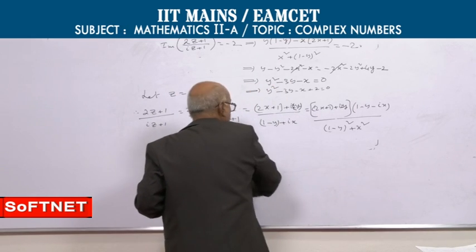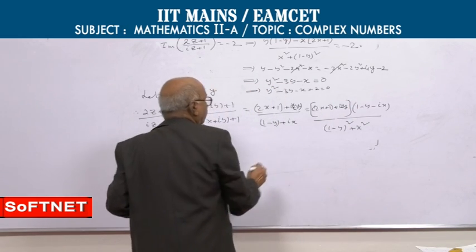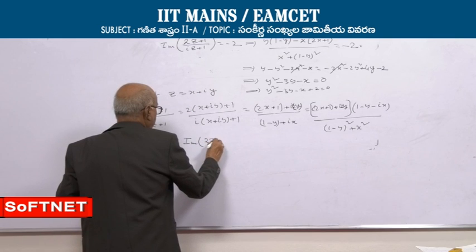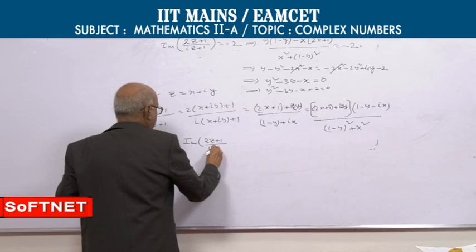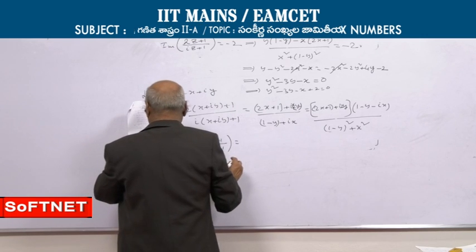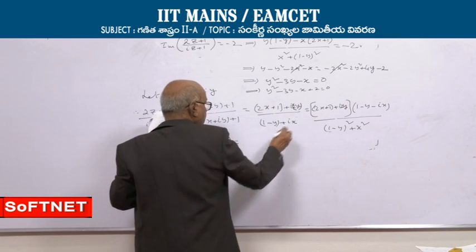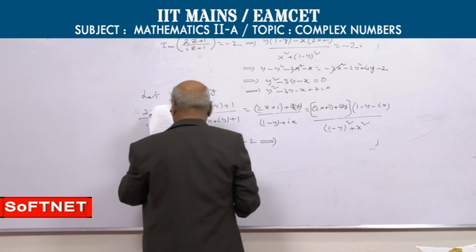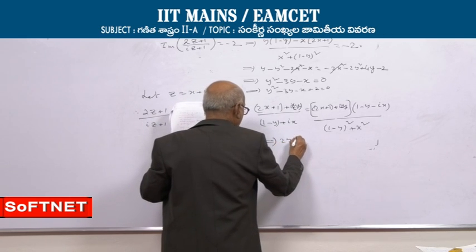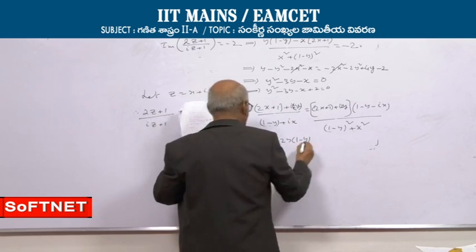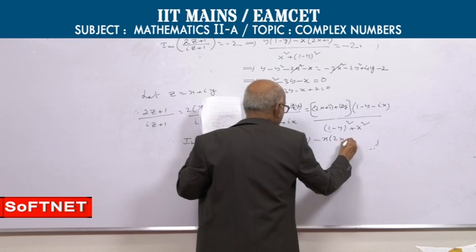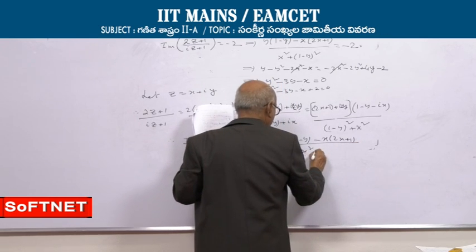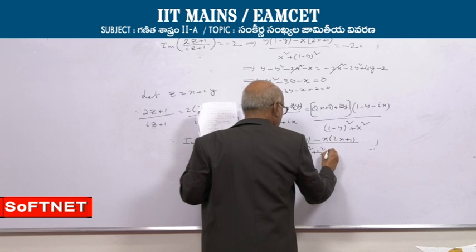If you equate the imaginary part, so from this what you get is, imaginary part of 2z plus 1 by iz plus 1 is equal to minus 2 implies y into 1 minus y minus x into 2x plus 1 by x square plus y square minus 2y plus 1.